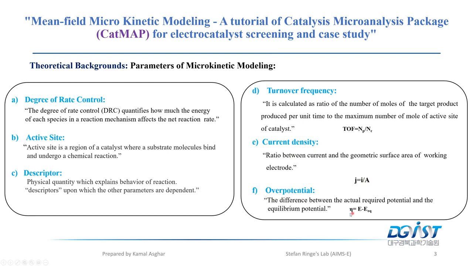Overpotential is the difference between the actual potential and the required potential. Each system has a chemical potential, an equilibrium potential, but you need some different potential, maybe higher or lower than the equilibrium potential. So that is overpotential.